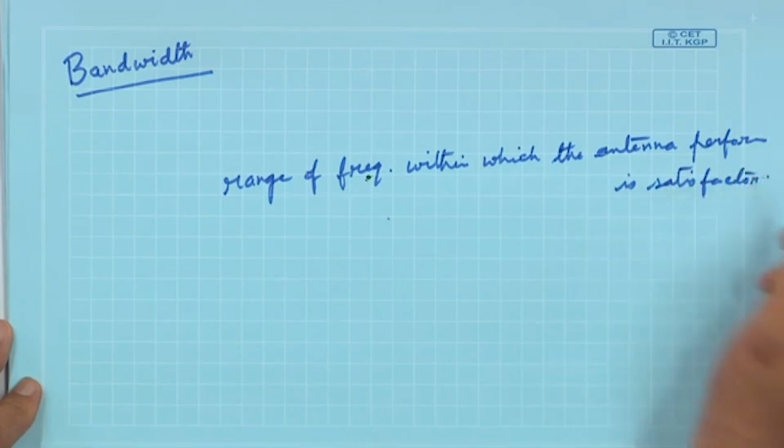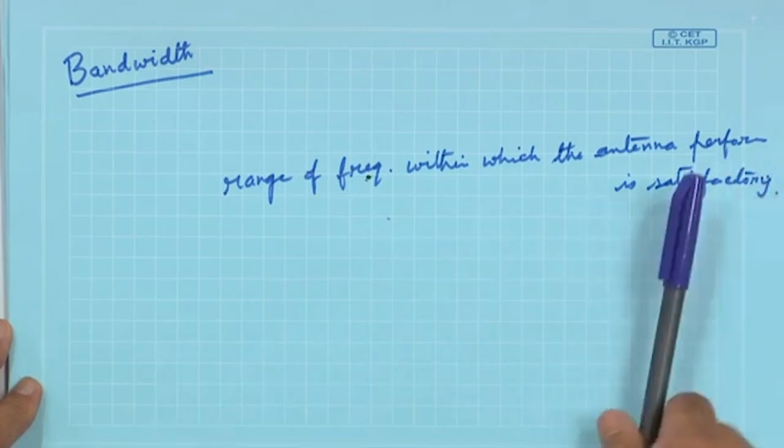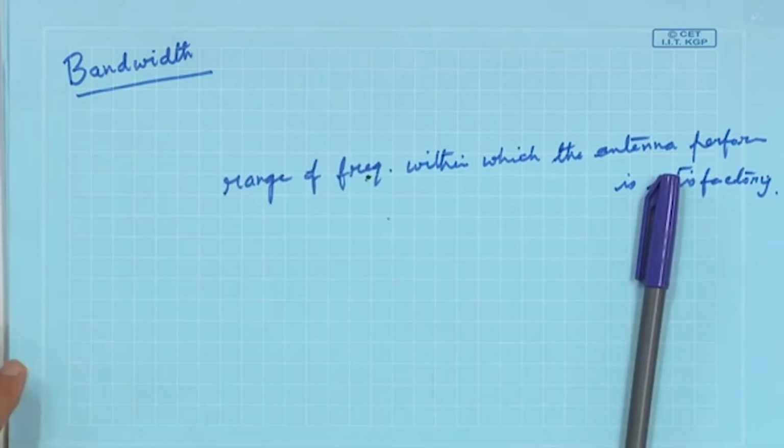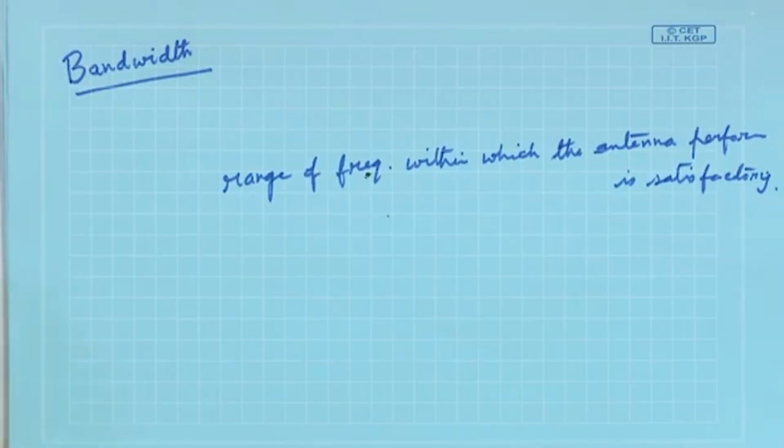Now, what do I mean by this? Suppose gain is an important parameter for an antenna. So, I can say that within this range of frequencies the gain should be at least, let us say, 10 dB. So, that will be called a 10 dB frequency bandwidth.